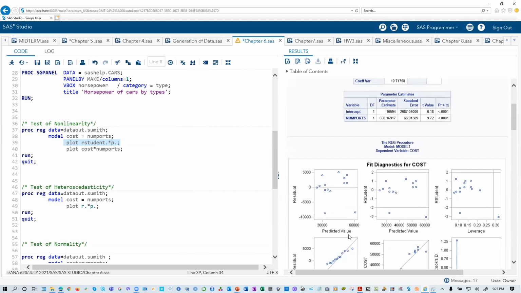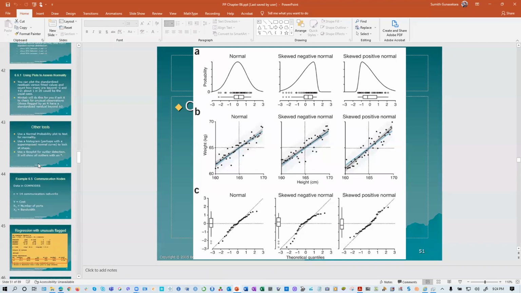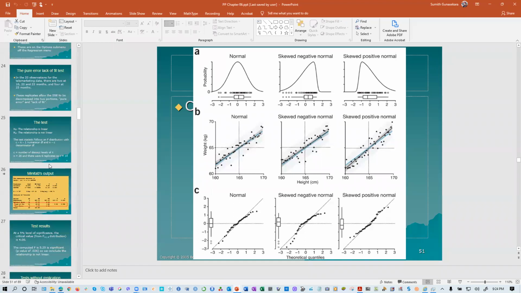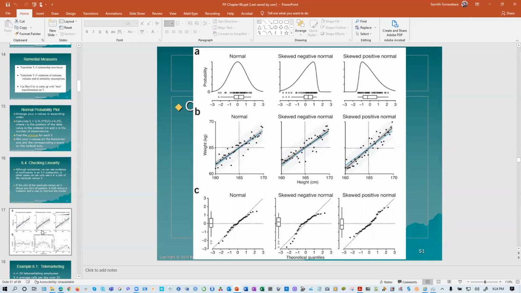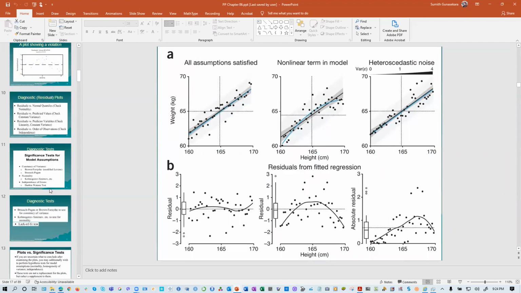So the residual versus predicted value, you have to have a shape like this. These unusual observations come, and then if they were equally distributed above and below, we can say assumptions are satisfied. Residual versus predicted value is utilized to check what? Not this one, that's not the predicted value.